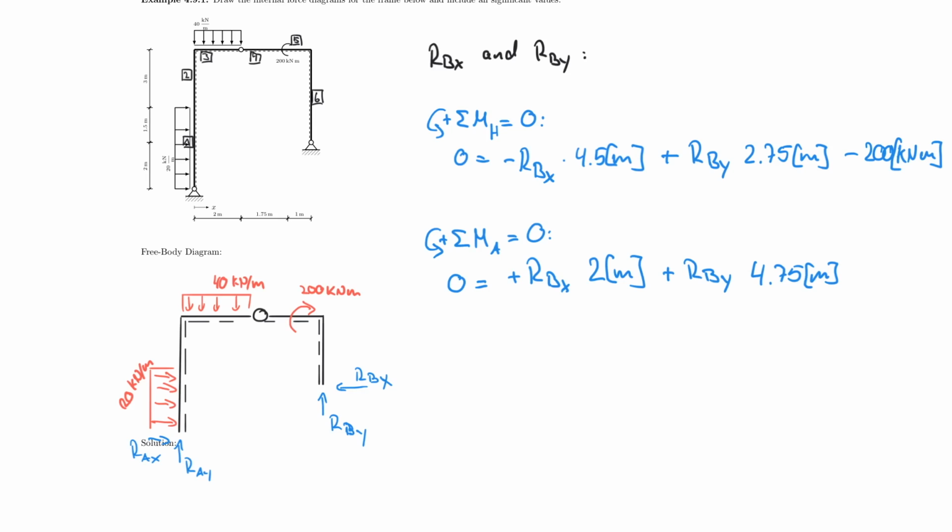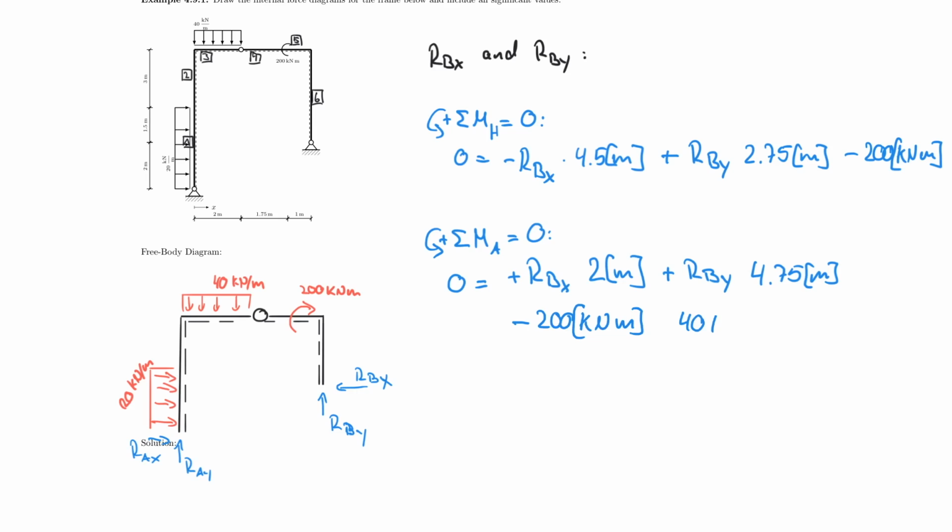All right, let's continue because I still have to include my distributed forces and my concentrated moment. Let's start with the concentrated moment. That is still turning clockwise, therefore it's still negative 200 kilonewton meter. Now let's do the 40 on the top.